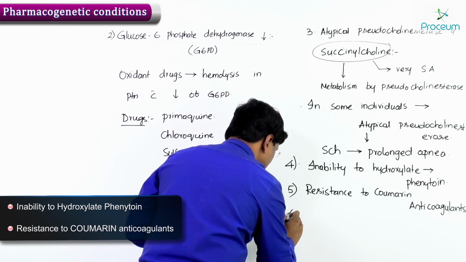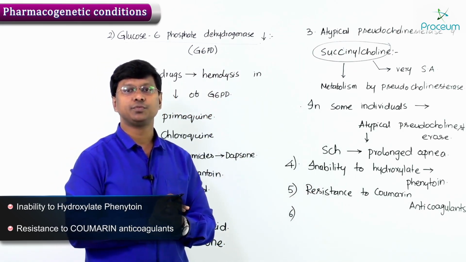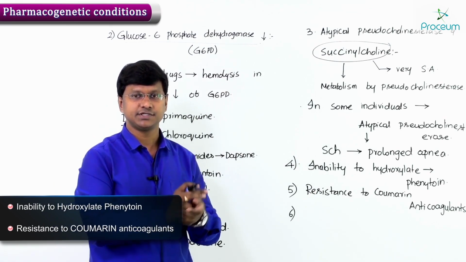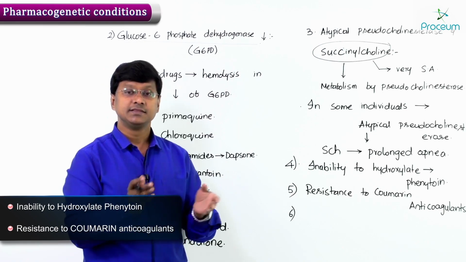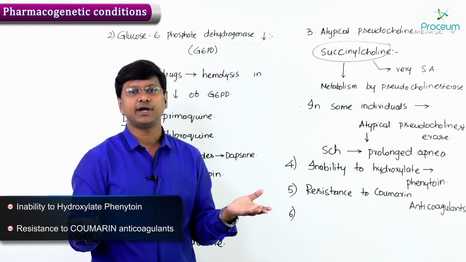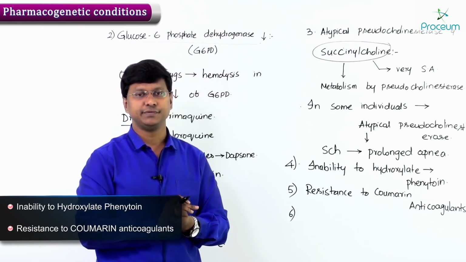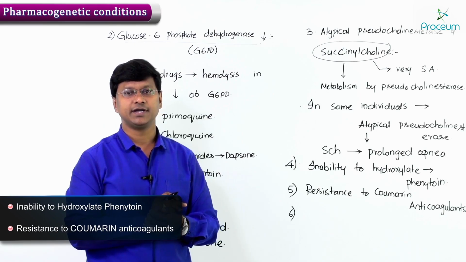Remember, this Coumarin group of drugs produces anticoagulation in certain individuals, and because of different genetic polymorphism, it may not show any anticoagulation effect in other individuals, and that is called resistance to Coumarin anticoagulants.